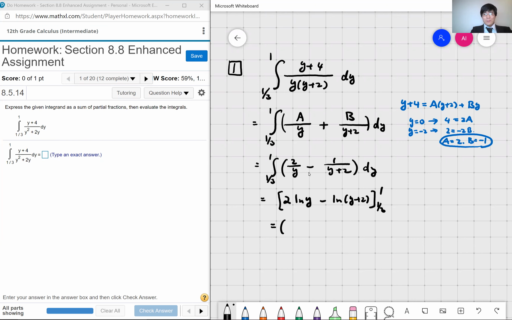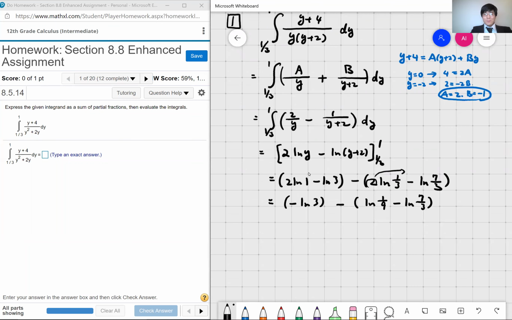After plugging in 1, 2 times ln of 1 minus ln of 3. Plugging in 1/3, it's going to be 2 ln of 1/3 minus ln of 7/3. ln of 1 is equal to 0, so this is going to be negative ln 3. This is the same thing as ln of 1/9 minus ln of 7/3, by putting 2 into the log.